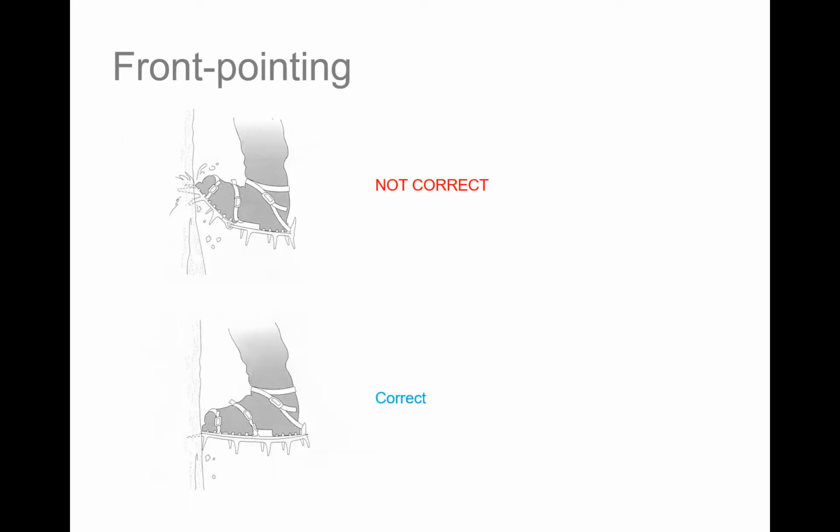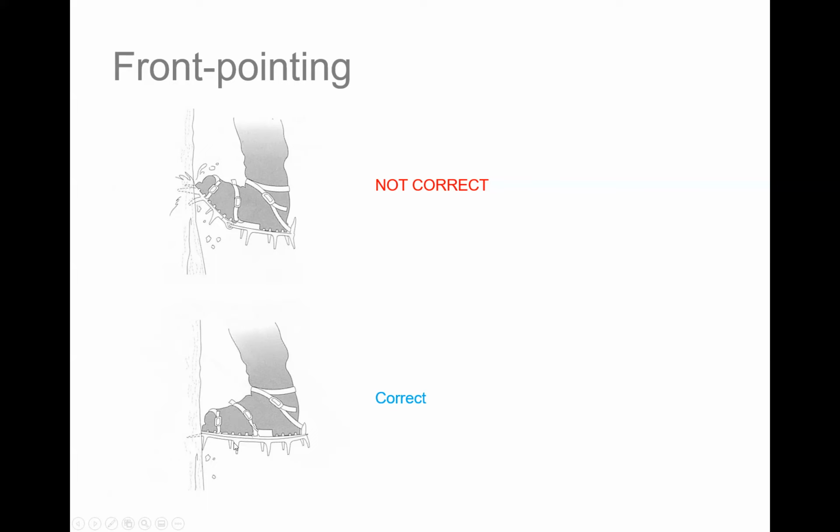I'm going to make a point, no pun intended, about front pointing, because the inclination for everybody is to try and front point. It just burns your calves. Not only that, but there's also a lot of sloppy technique. Even in this image, you can see that the crampon being used is either a hinged or a semi-hinged crampon, which is just not stiff, and you're not able to get that platform.